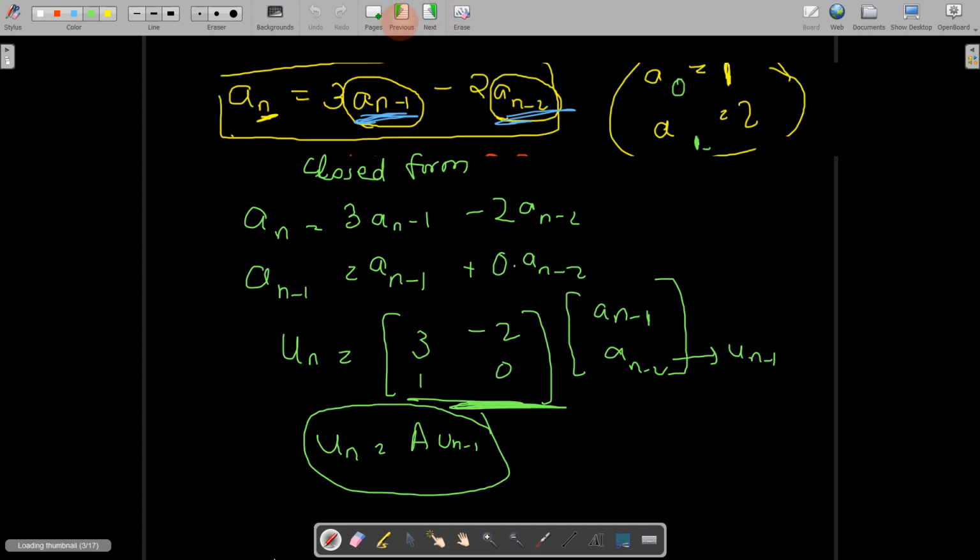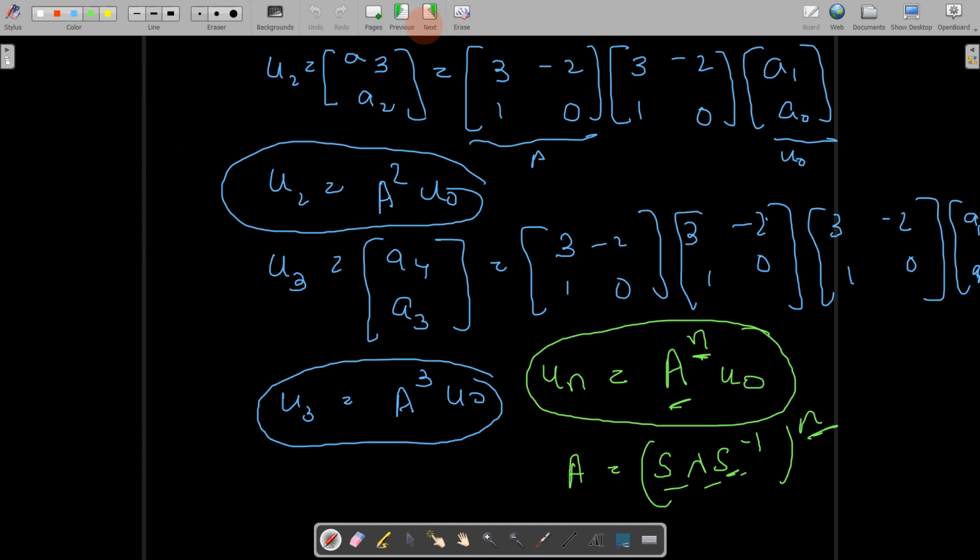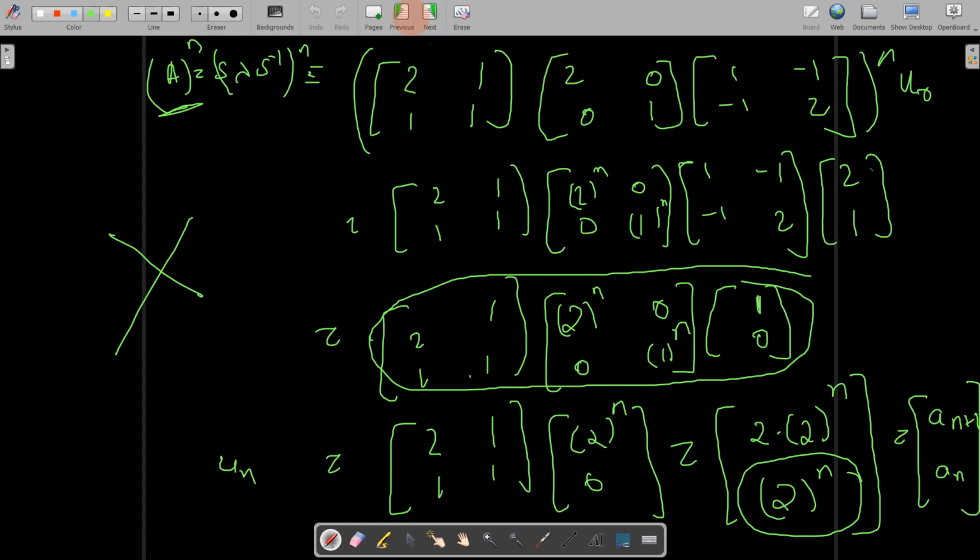Now note that in the previous part, we had S inverse, lambda to the power n, S, and U naught. So you can see the lambda to the n can be written as 2 to the n and 1 to the n, so a scalar is finally being multiplied to both the eigenvalues.